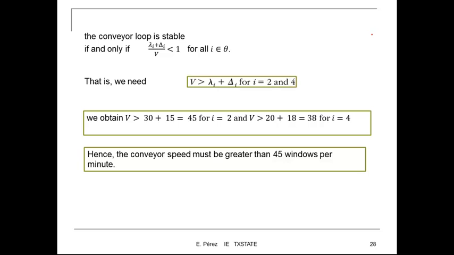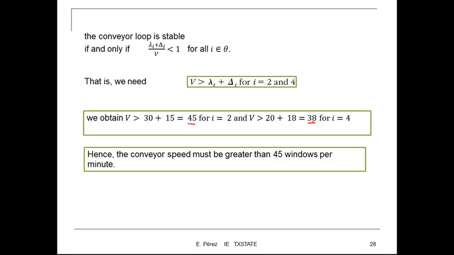So we know the lambda values and we know the delta values for each one of the stations, so we can compute the velocity. For station 2, that value is going to be 45, and for station 4, that value is going to be 38. So the conveyor speed must be greater than 45 windows per minute if we want our conveyor loop to be stable.